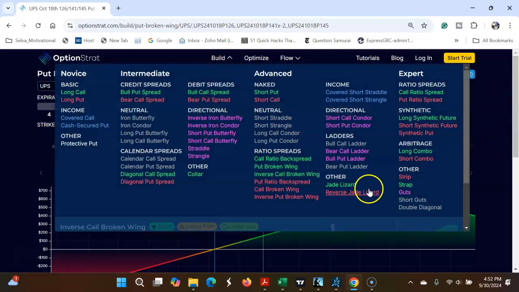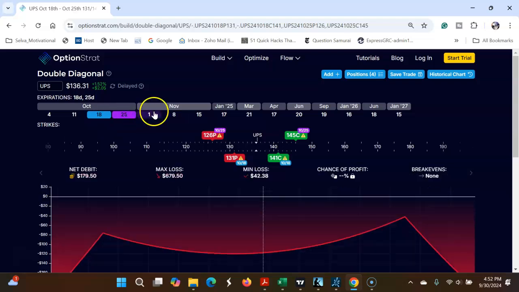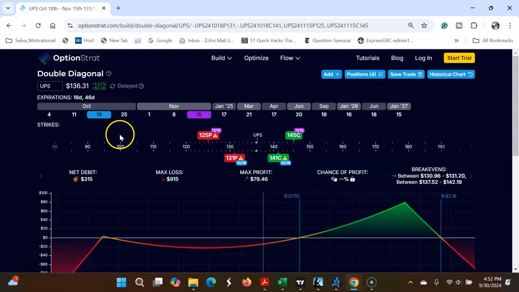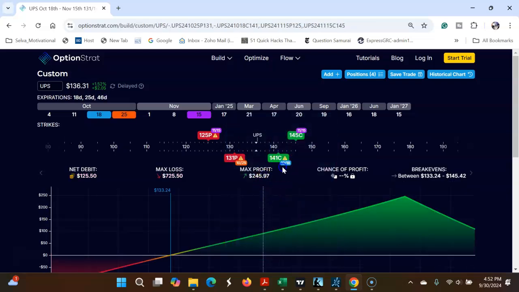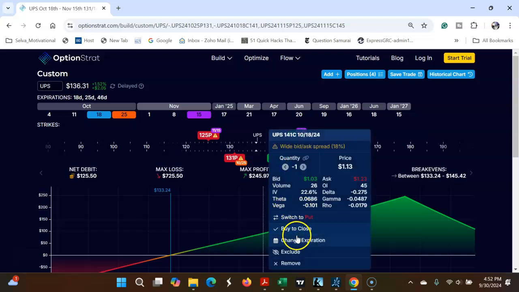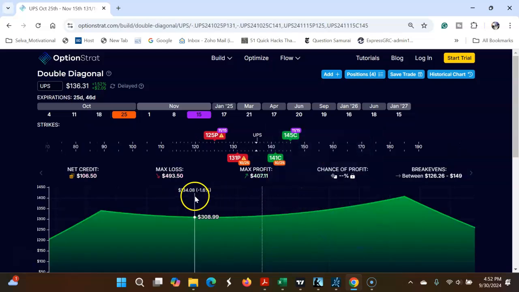Let's do a double diagonal. Double diagonal is a good strategy.